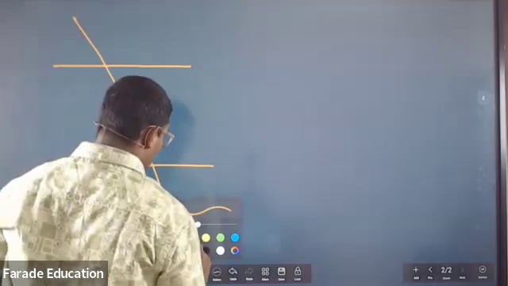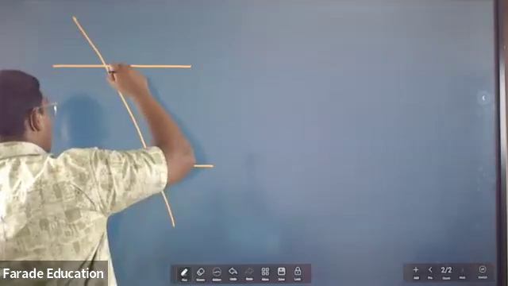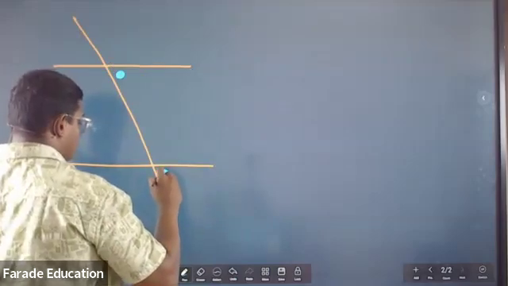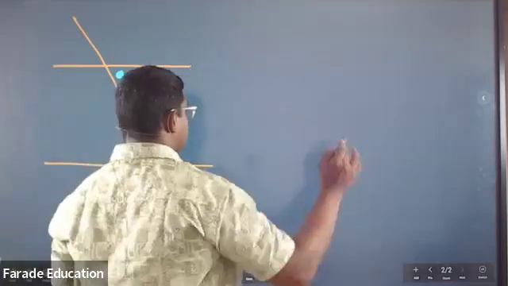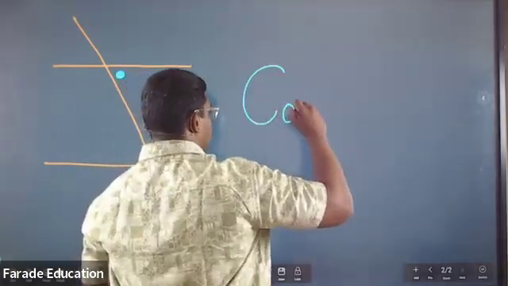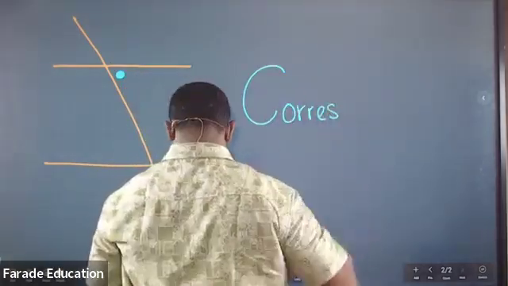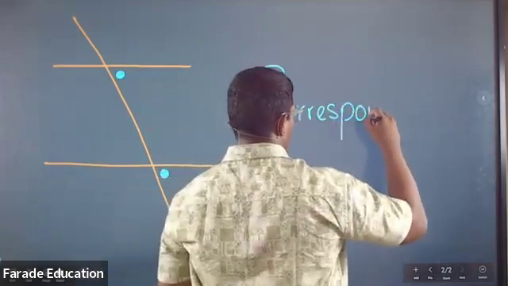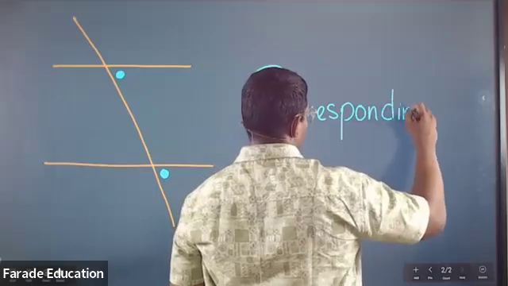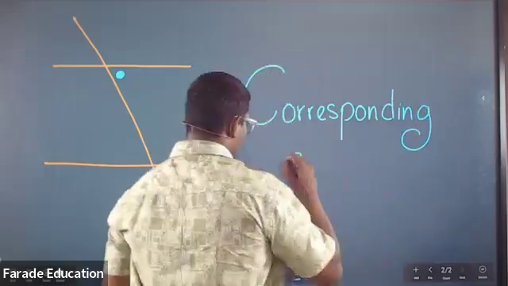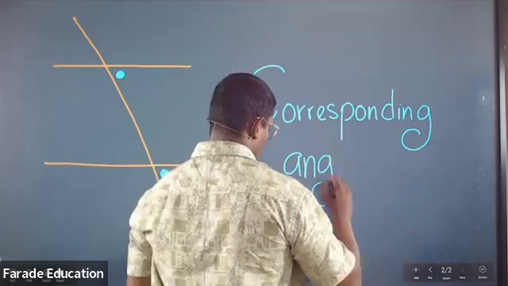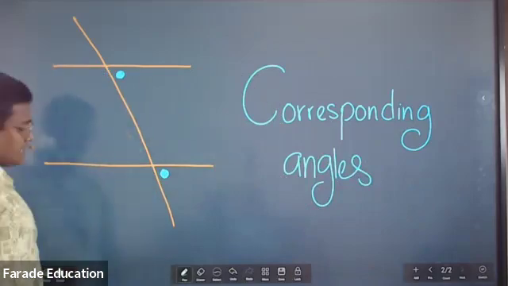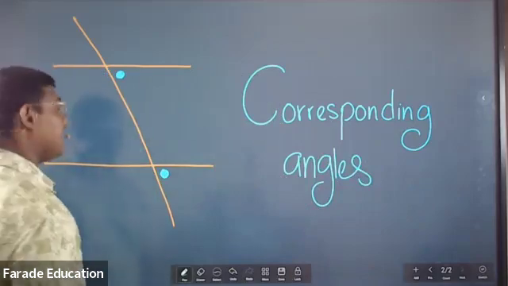If that passes through like this, the angle here and the angle here are known as corresponding angles. These two angles are known as corresponding angles.